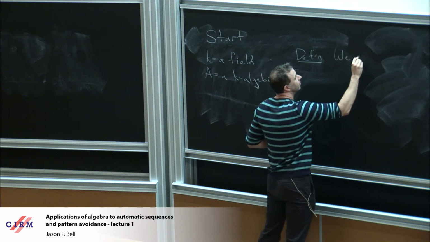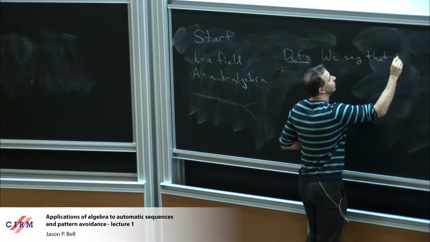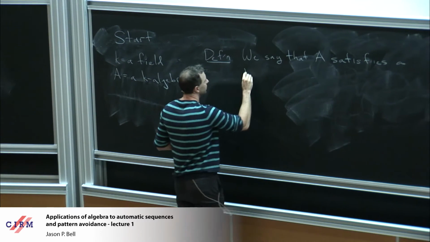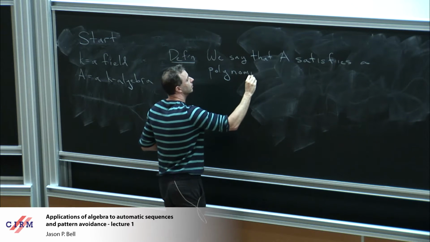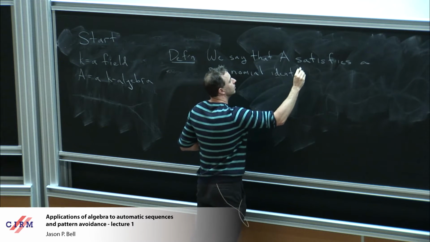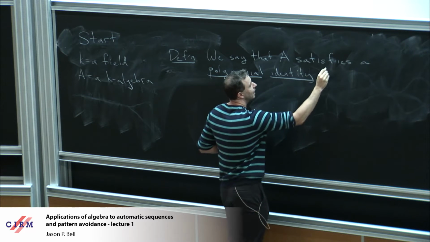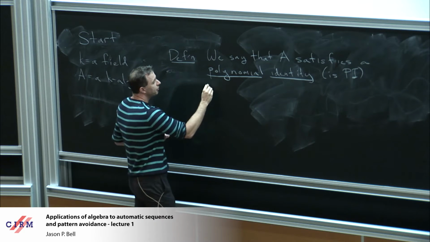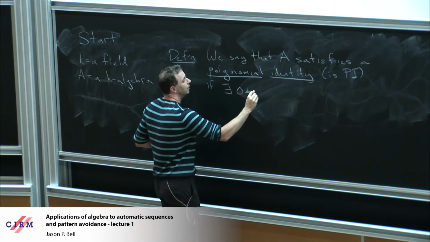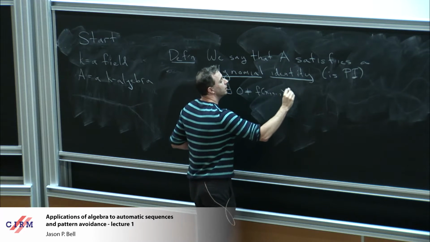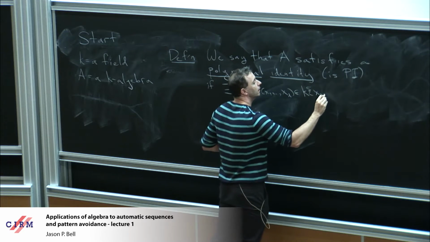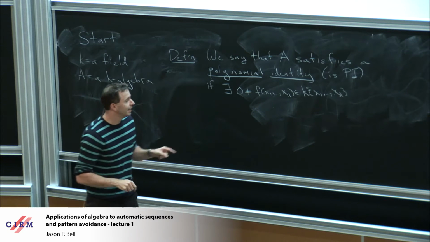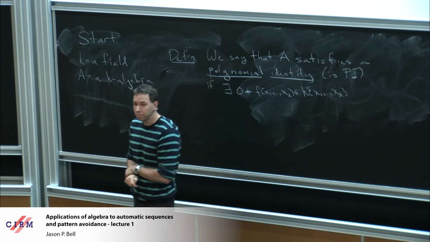We say that A satisfies a polynomial identity, which I'm going to say is PI for short, if there is a nonzero polynomial f in k⟨x1, ..., xt⟩, the free algebra on t generators, so I think of this as just a polynomial ring where the variables don't commute.